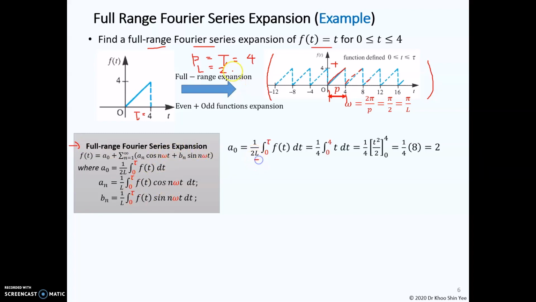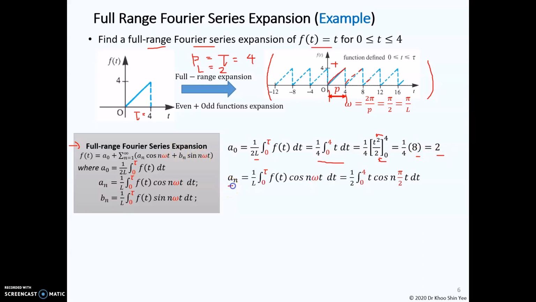Substitute L equal to 2, tau equal to 4 here, then you obtain this integration. Integrate t, you obtain t squared over 2, and then substitute the limit inside, and minus with limit 0 inside, you obtain 8. So after you do the calculation, you obtain the answer to be 2.